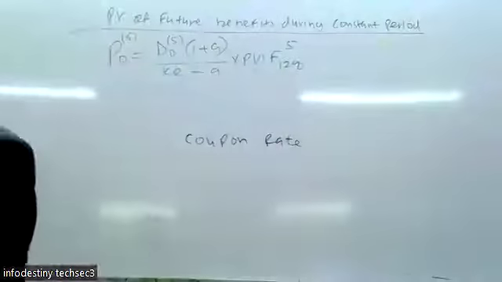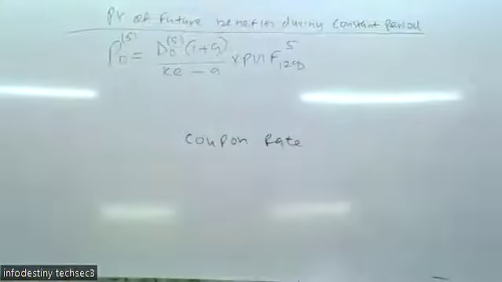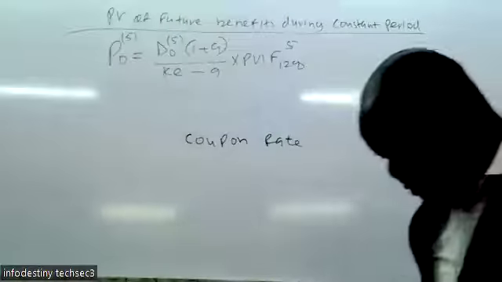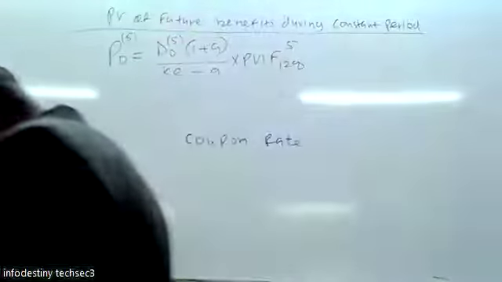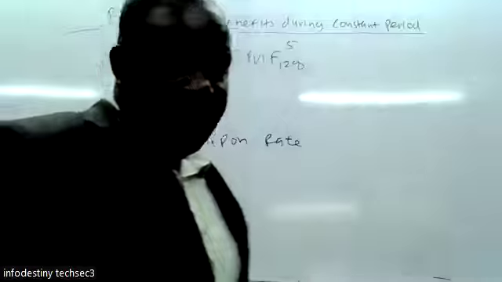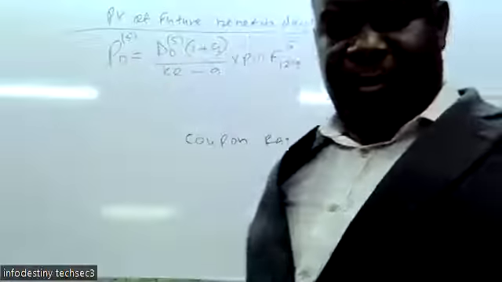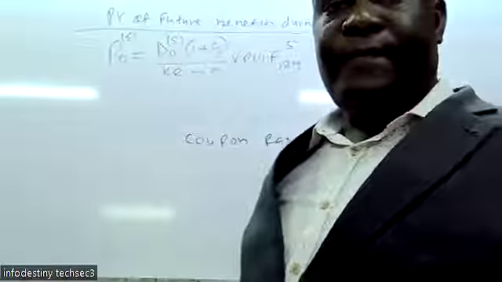B is valuation of the debenture or the bond. So let us start with valuation of the preference shares.